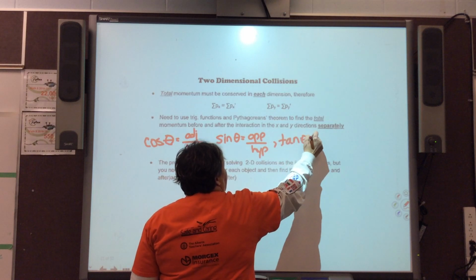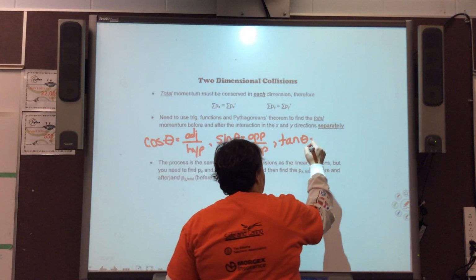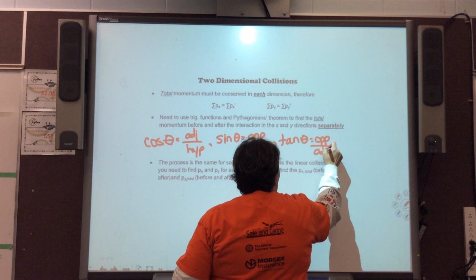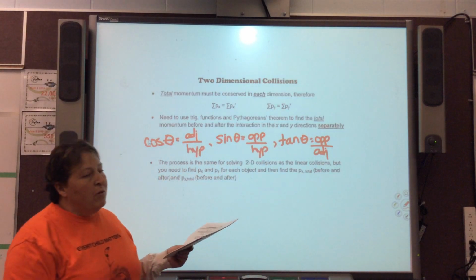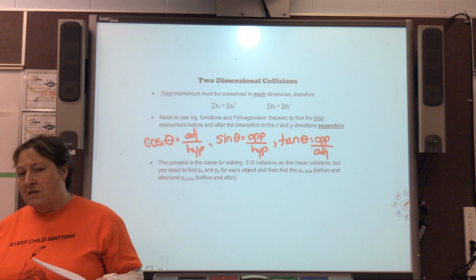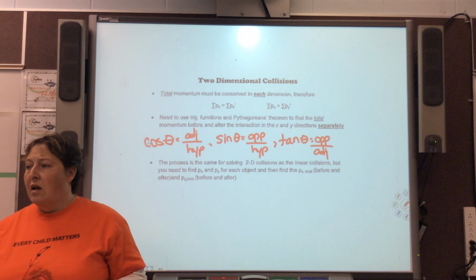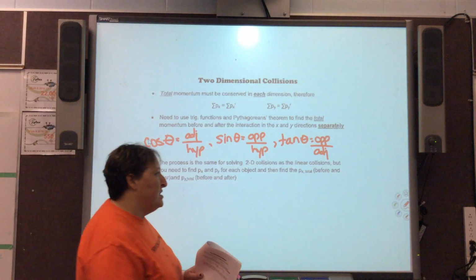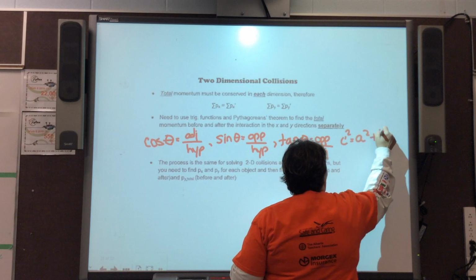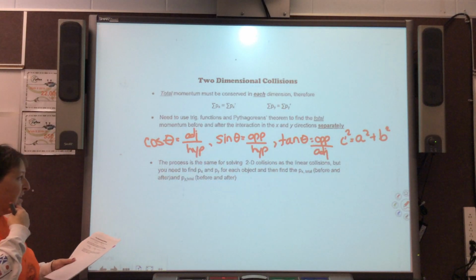And the tan of theta, opposite over adjacent. And then obviously we're working with a triangle pattern here, so what's another component that we use when we're working with triangles? Pythagoras theorem. Those are all components that we're going to start using.